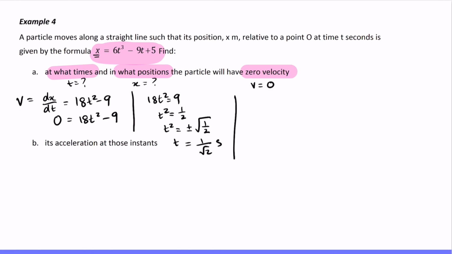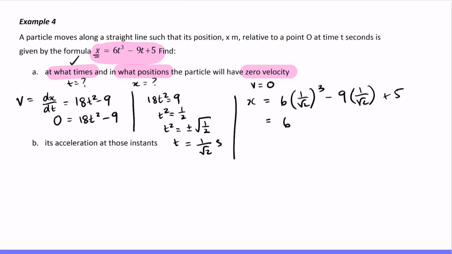Then the next step, now that we've found what time, we're going to find what position. So I need to sub in 1 on root 2 into my position formula to be able to find the relative position. Cubed minus 9, 1 on root 2 plus 5. This is going to be a bit of a big job to do by hand.